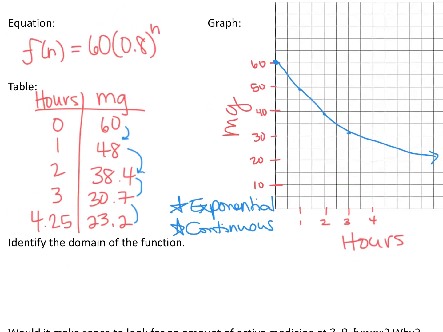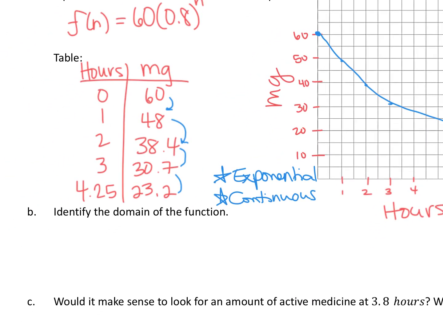Which means, what's the domain of the function? The domain is positive rational numbers, including 0, which means we can have any decimals. We could probably even have irrational decimals, ones that go on forever.